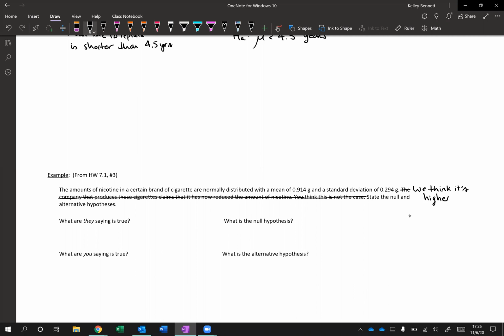Right, so kind of taking this question from 7.1 and just reframing it in a context that's going to be for 9.1. So now it'll have the amounts of nicotine in a certain brand of cigarette are normally distributed with a mean of 0.914 grams and a standard deviation of 0.294 grams. So this would be the claim.